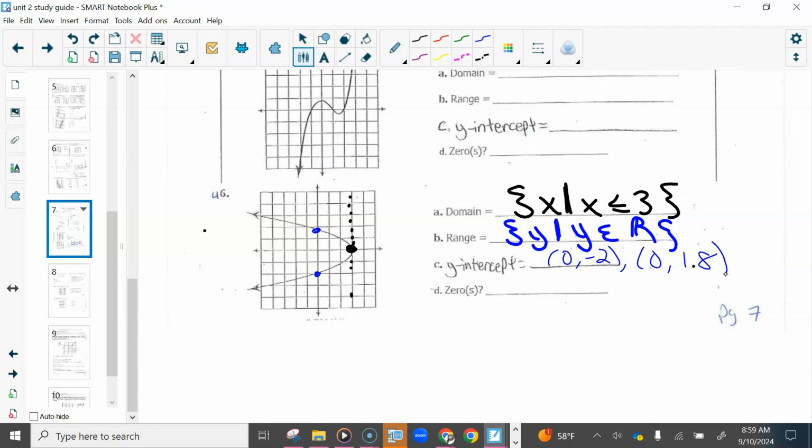So if you get something that is a decimal, make it up as long as it makes sense. 1.3 probably wouldn't make sense because it's closer to 2. And then the 0, remember that's another word for x-intercept. Where is that? At 3.